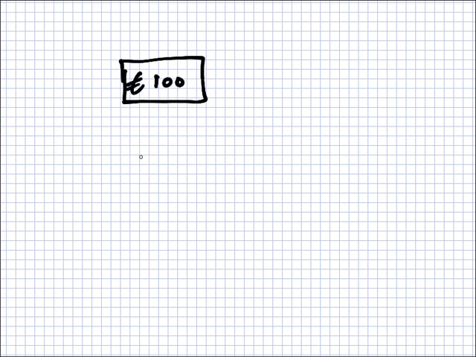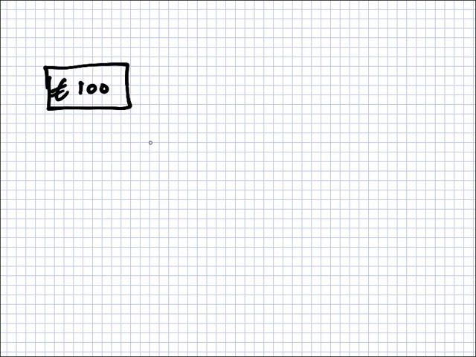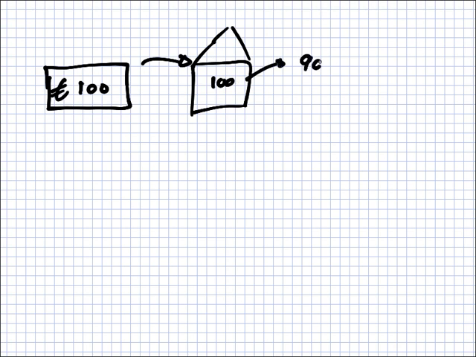So in most banks, certainly Western banks anyways, if you deposit €100 into the bank, so the bank has your €100, what the bank does with that €100 is it lends out 90 and it only keeps 10.